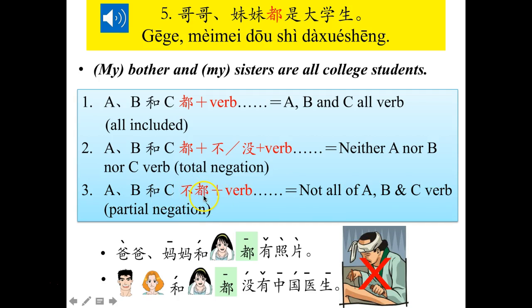If you put 都 after 不, that means some of them are and some of them are not. If you say 王鹏、李友和白英爱不都是律师, that means one or two of them are lawyers, but the other one is not. Okay, so we'll cover this in the future.